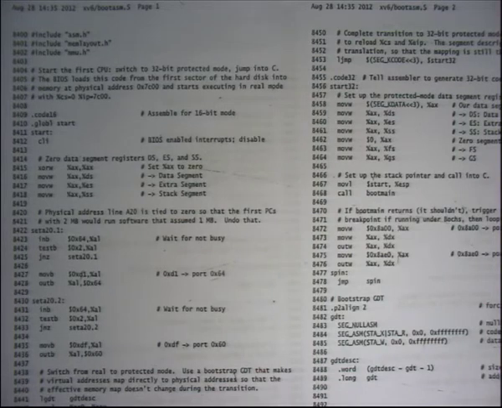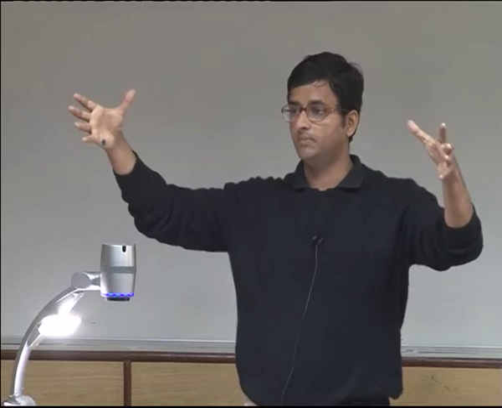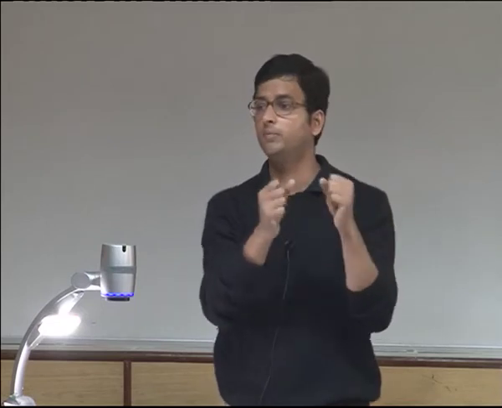Firstly, we are looking at x86 code. This code will get compiled using a compiler like GCC, as we have discussed before, and then it will get linked and you will get an executable. That executable is what we call the kernel. There will also be another file which is the boot sector code.